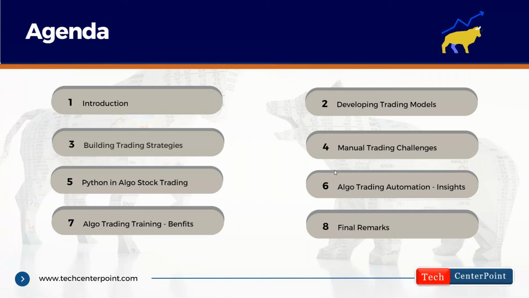What kind of challenges we have as a manual trader, and how are we going to overcome them by using the Python algo stock market trading approach? And what kind of concepts, features and benefits I'm going to offer as part of this course. And final remarks. That's all for today.